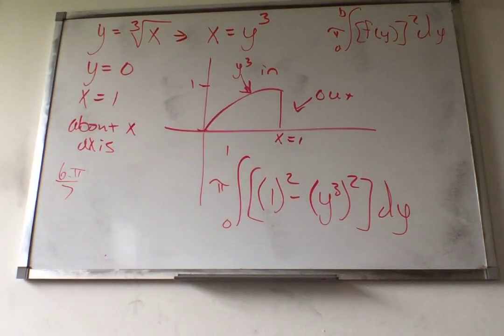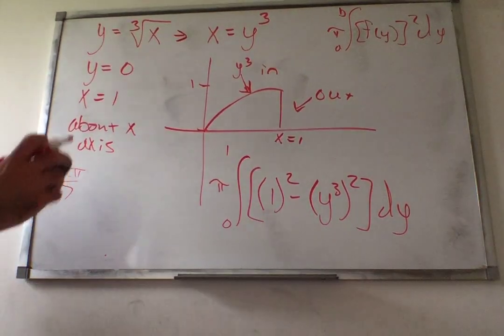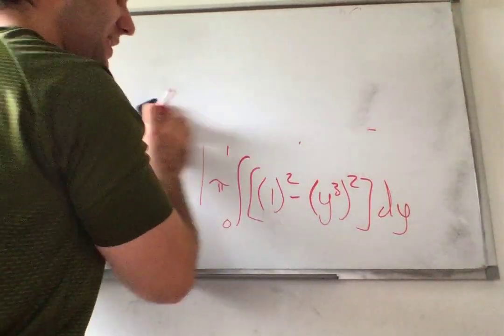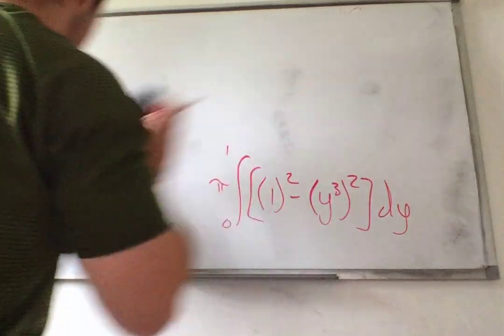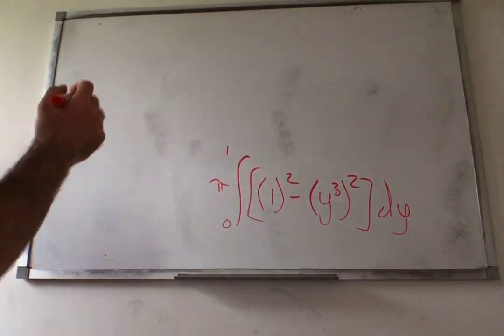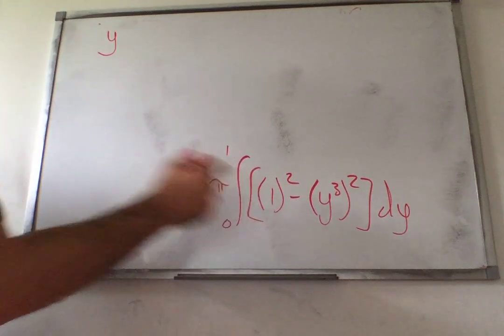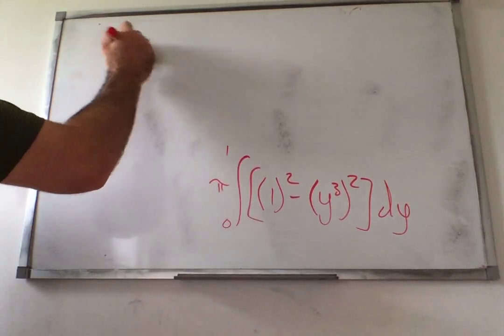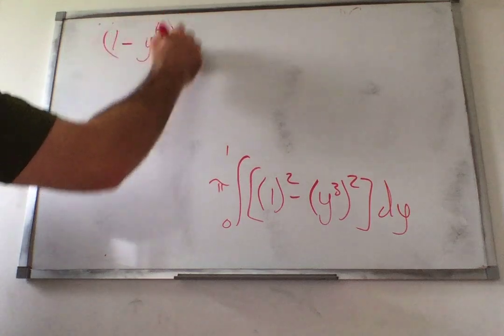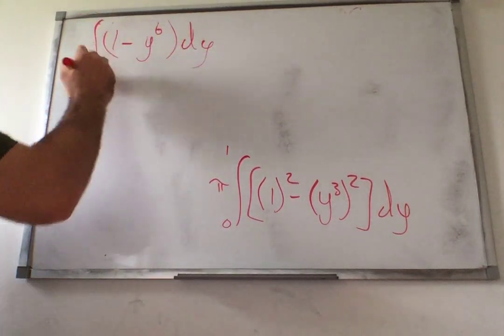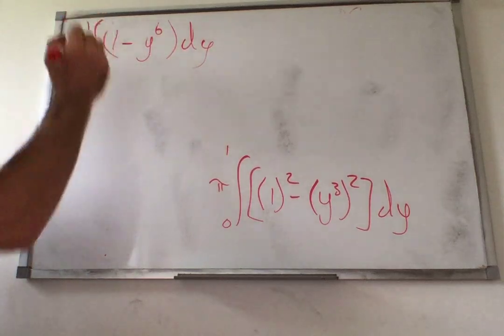As you can see, it's vastly different if we're doing the disk method. So our answer before was 6 pi over 7. Let's see what we get over here. It should come out to be the same answer. So we get 1 minus y to the 6th dy, integral with the pi out front from 0 to 1.